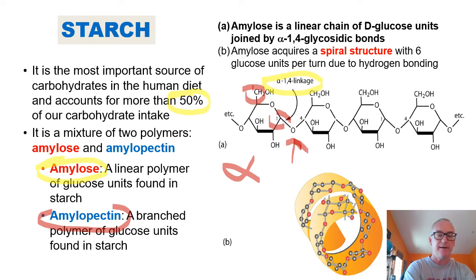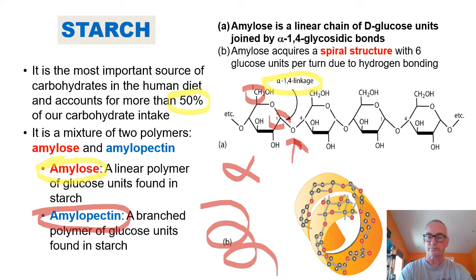Amylopectin, on the other hand, is a branched polymer. It comes off these structures with a different linkage. So amylose gives you this sort of spiral structure because of internal hydrogen bonding, which keeps it together. So you get this long, long spiral of D-glucose chains.